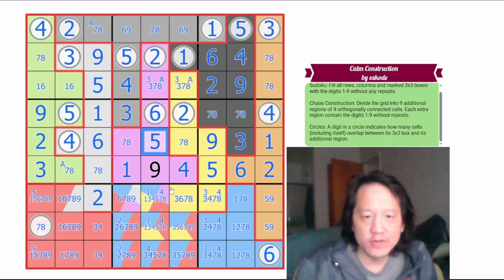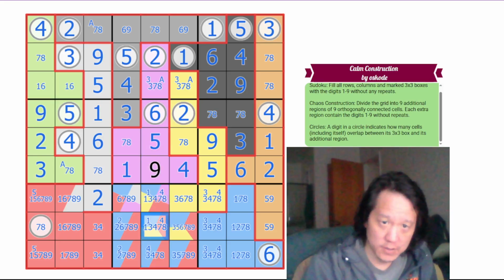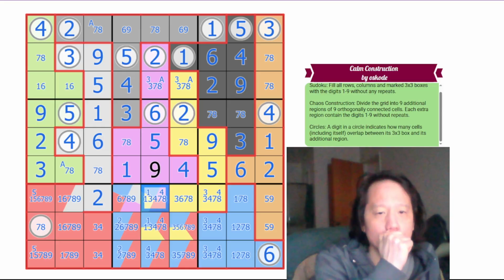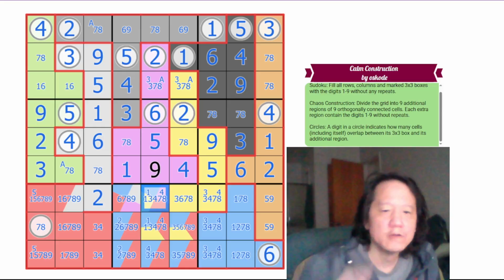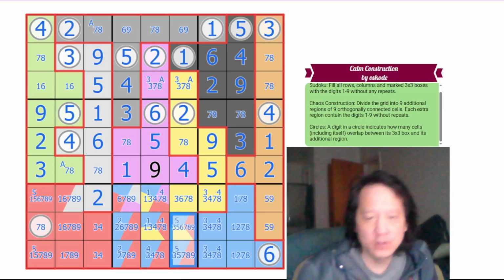This 5 eliminates 5 in the rest of the column. So 5 has to be one of these 2 digits here.